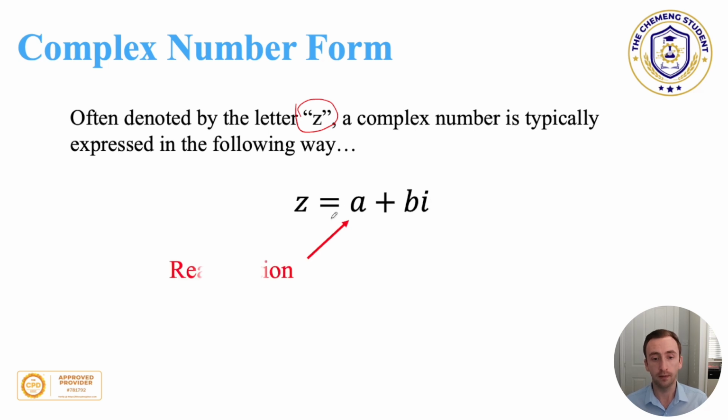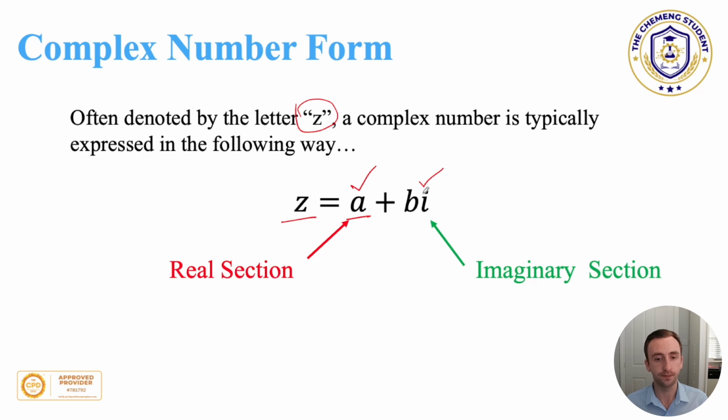Well, the real part is the term that doesn't contain the i, because remember the i denotes the imaginary element. So the a is the real section and bi is the imaginary section. So you can see that the complex number z comprises of the real section and the imaginary section.